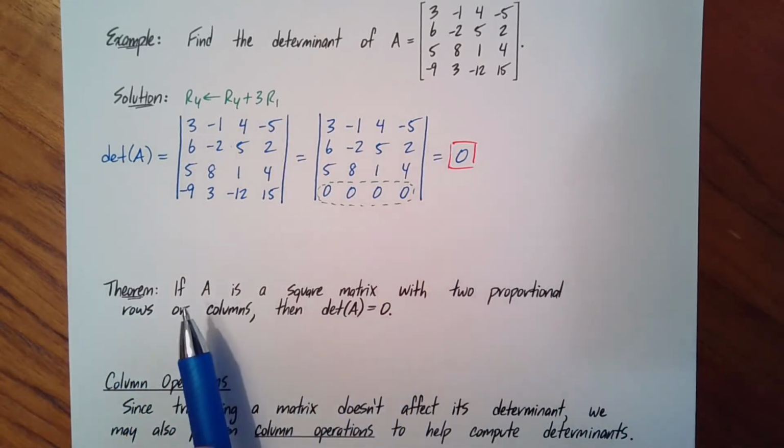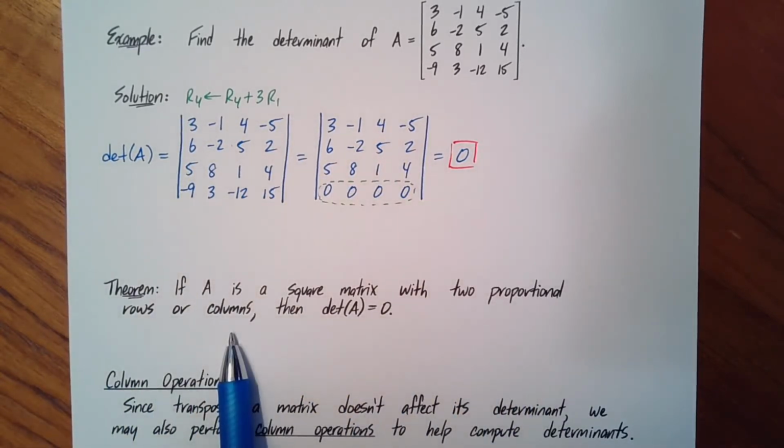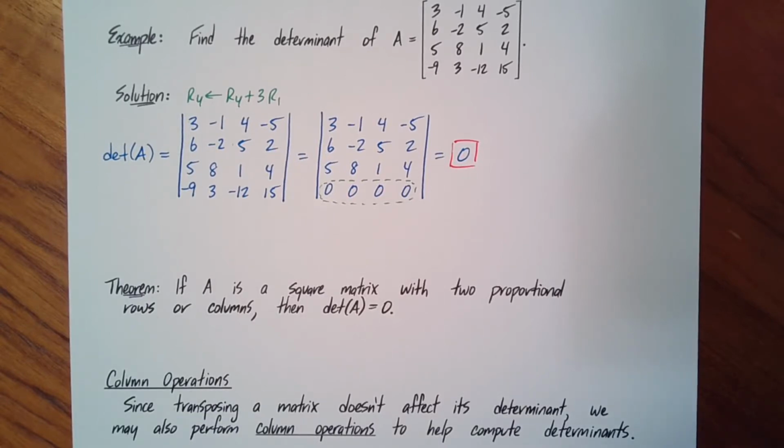It says that if A is a square matrix with two proportional rows or columns, then the determinant of A is 0. So it also works if you have two proportional columns. So why is that? Well, remember that transposes do not change determinants. So if you have two proportional columns, the transpose of that matrix will have two proportional rows.